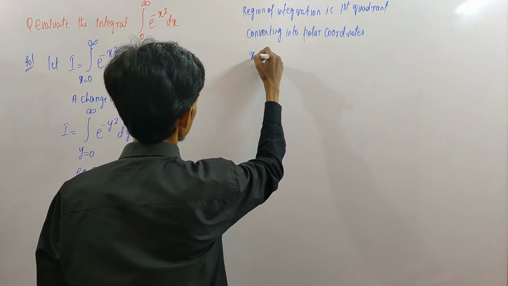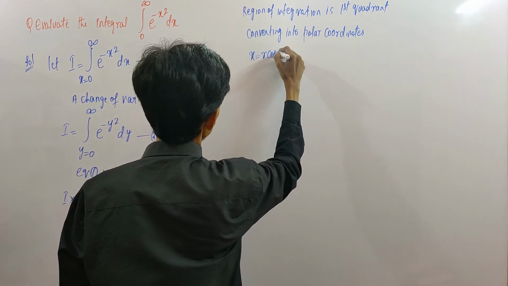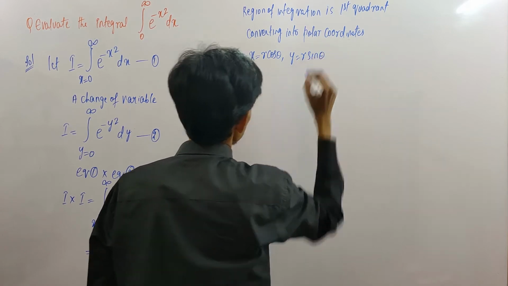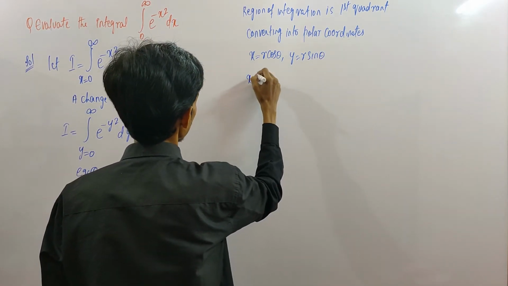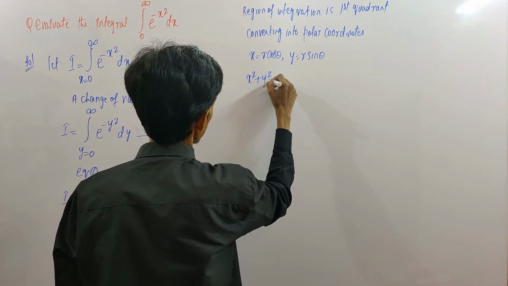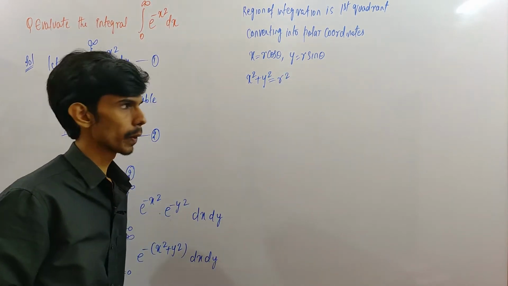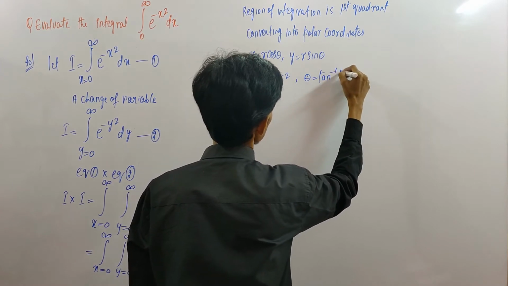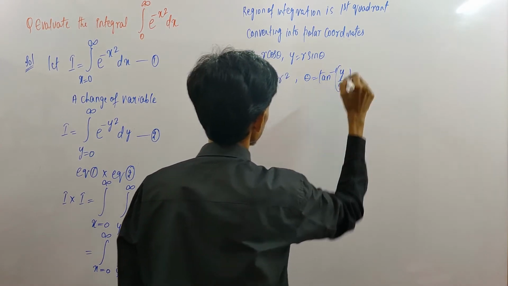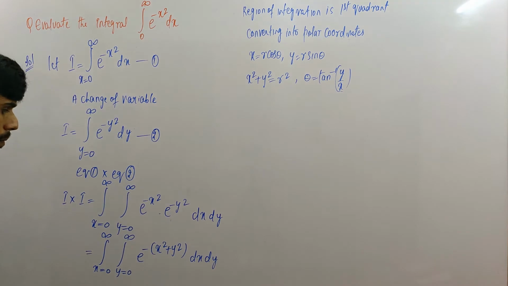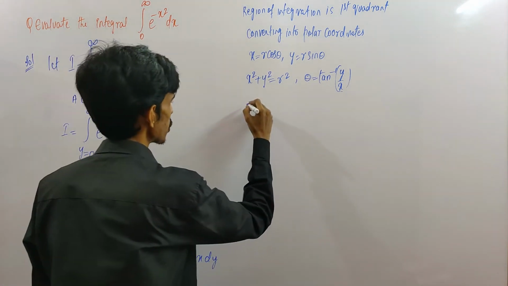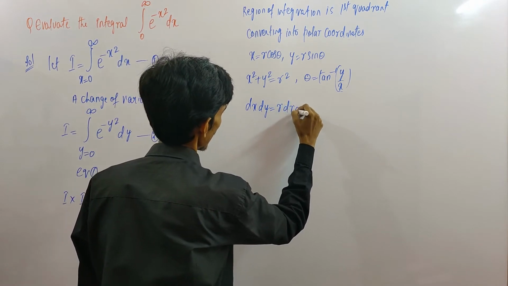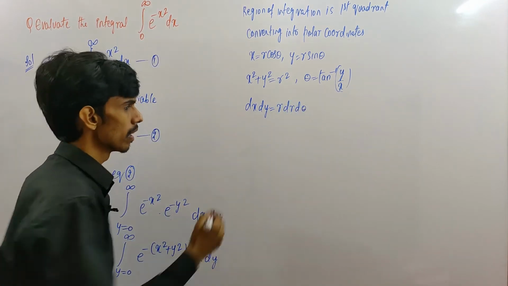Here we substitute x as r cos theta, y as r sin theta, such that x square plus y square value is r square and theta equals tan inverse y by x. Also dx into dy value is r dr d theta.